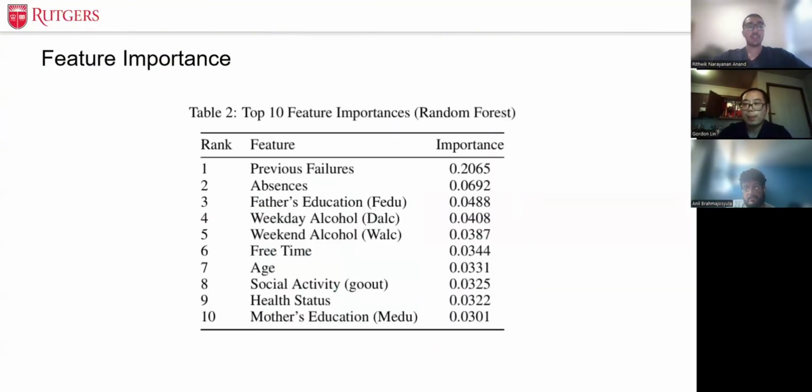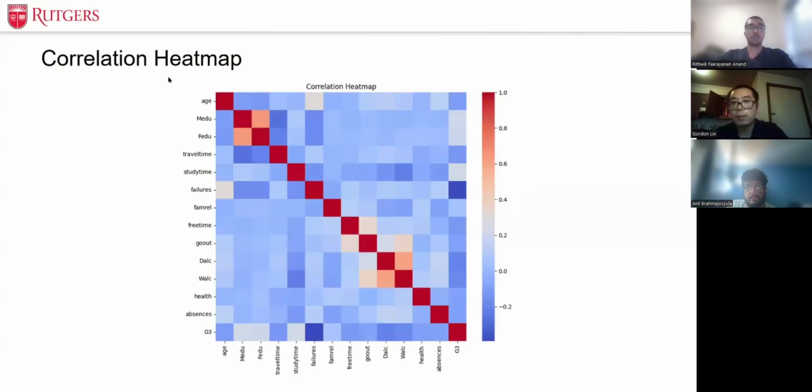And then feature importance. These are the 10 most important features in random forest. And here's the correlation heat map of all of those features.